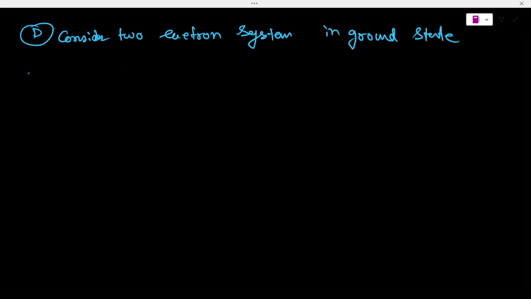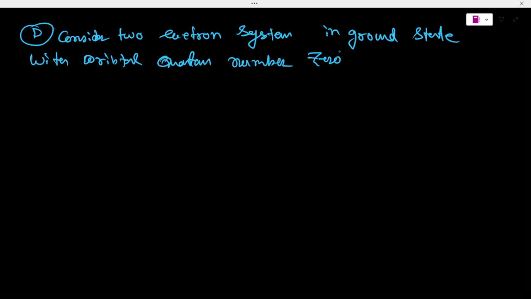Okay, question number D said: consider two electron system in ground state with orbital quantum number 0.